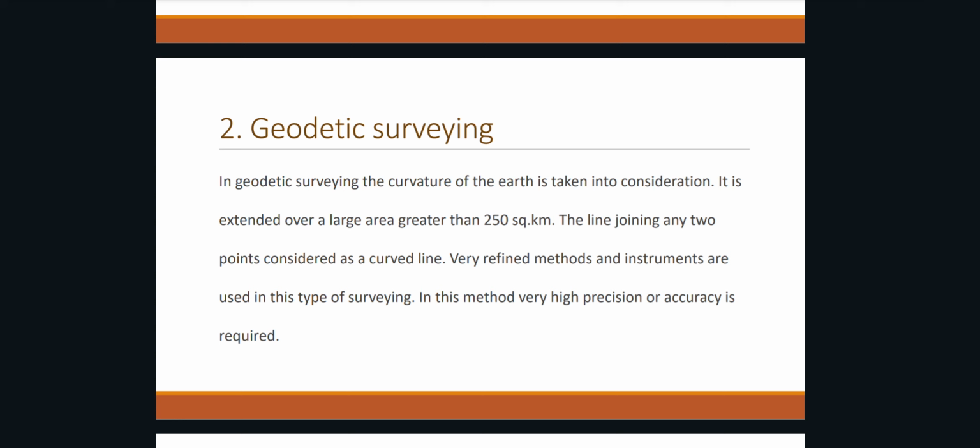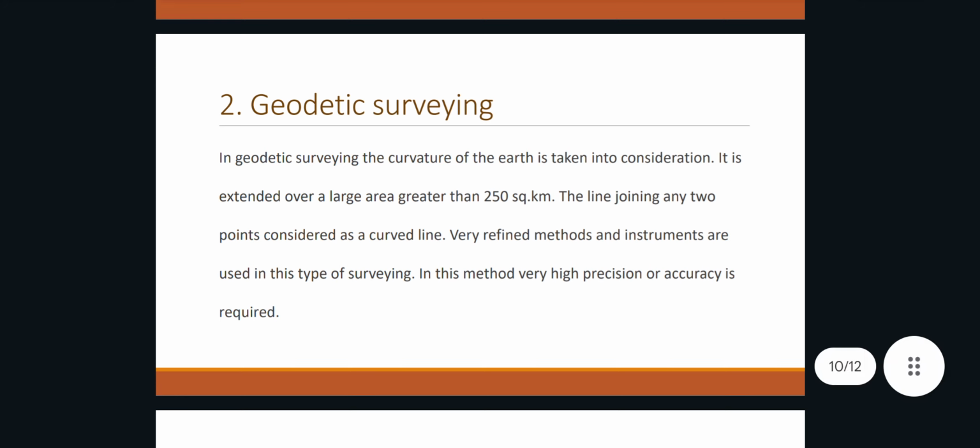The line joining any two points is considered a curved line. That means we are using the spherical shape of the earth's surface. Precise and refined instruments are also used for greater accuracy and precision.